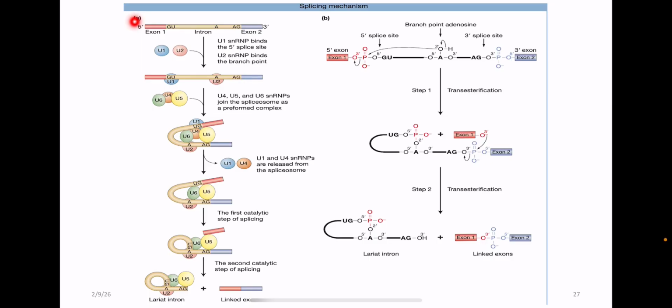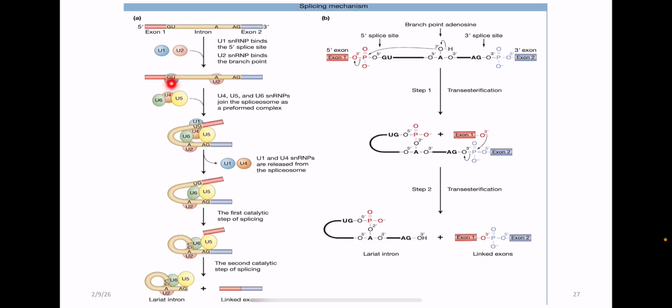This will be your pre-mRNA with your exons and intron. U1 and U2 come in. Each one of them can bind to any site, but in this case, let's say U1 binds to the donor site. So one will bind to the donor site and the other will bind to the branch point. Any one of them can bind to the donor, with the other binding to the branch.